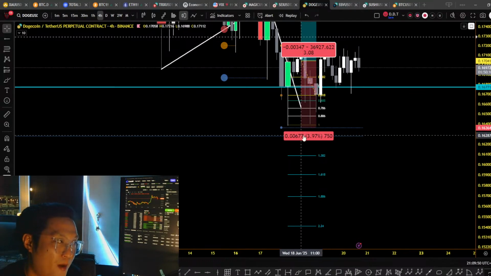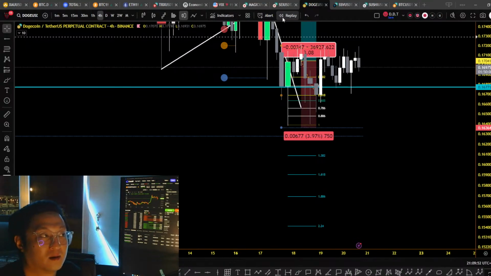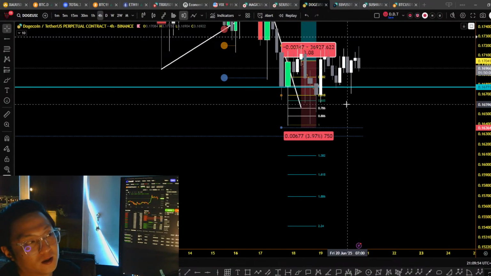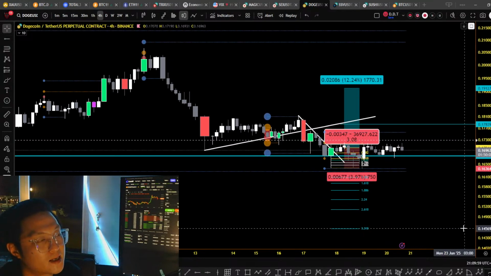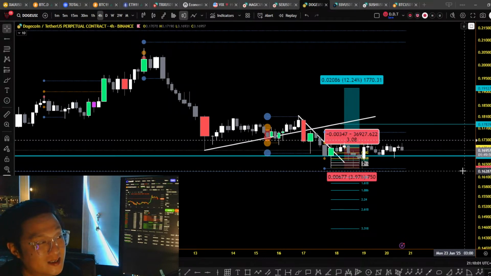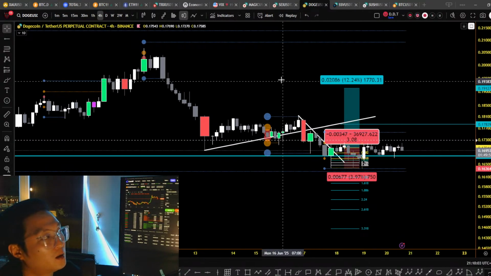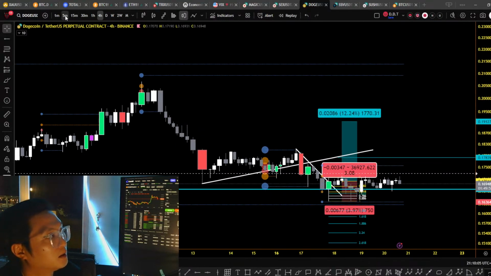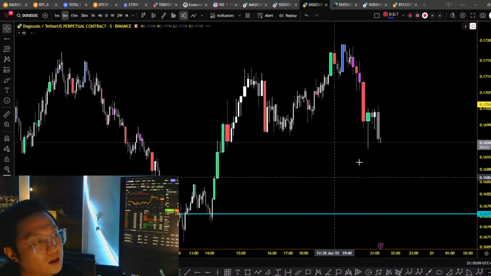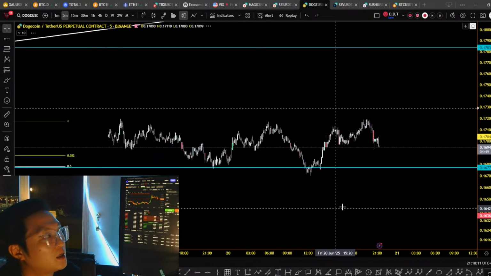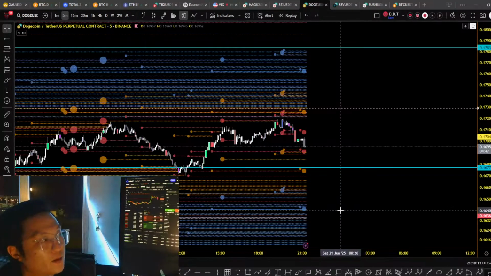The market can just bam and take it. So that's why there is a false break here. My analysis is that it's gonna take this one, and then this one. If I go lower to the 5 minute time frame, you can see clearly there are so many.